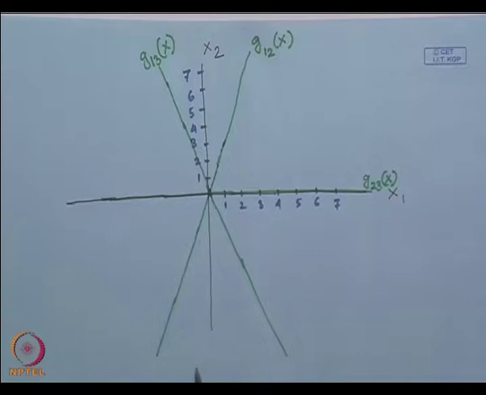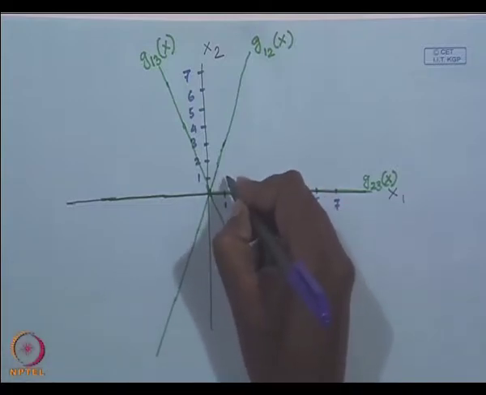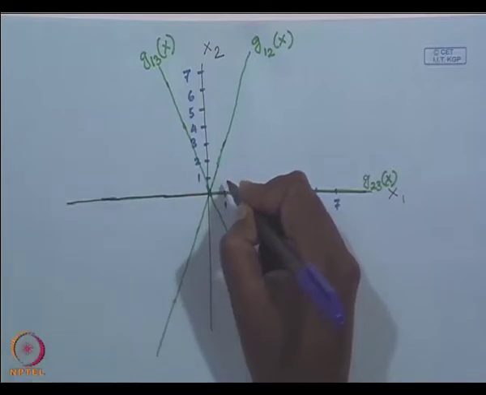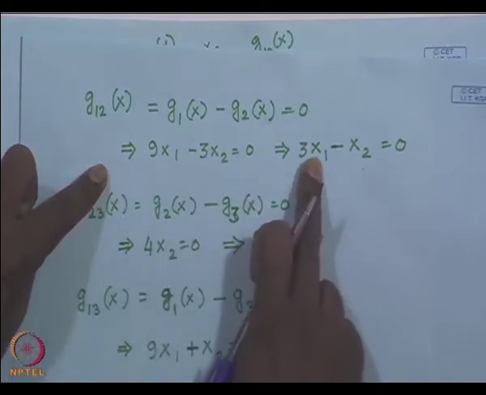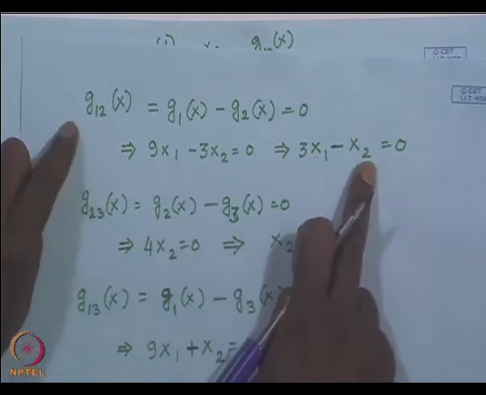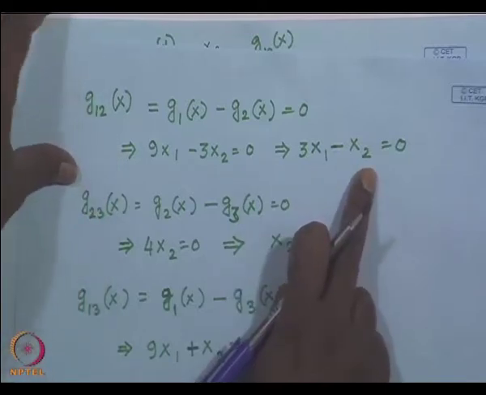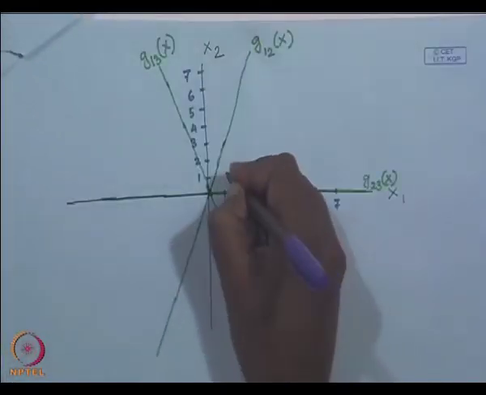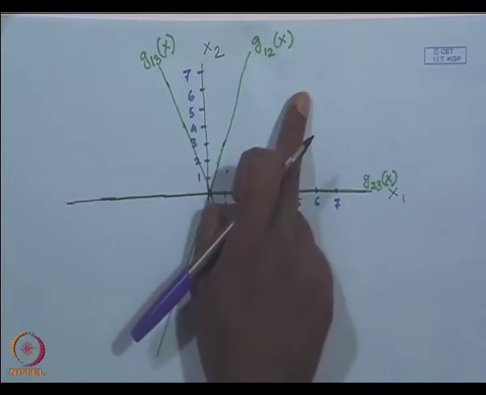So, let us see what is the positive side of these different decision boundaries. If I take a point say (1, 1) and put that into G12 x. So, over here I have G12 x. If I put x1 equal to 1, x2 equal to 1, then G12 x is equal to 2. That means, this point (1, 1), which is somewhere over here, is on the positive side of G12 x.